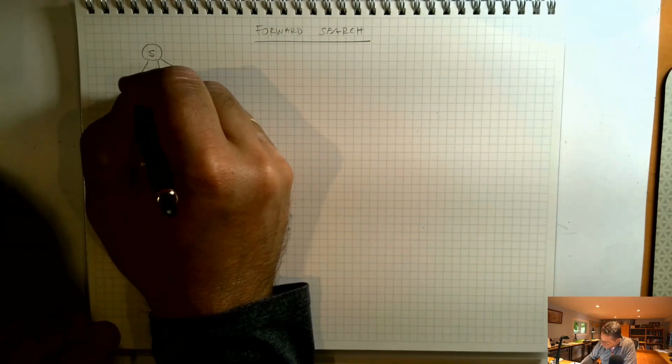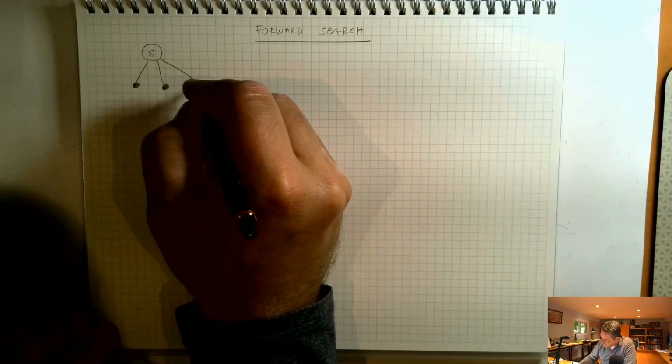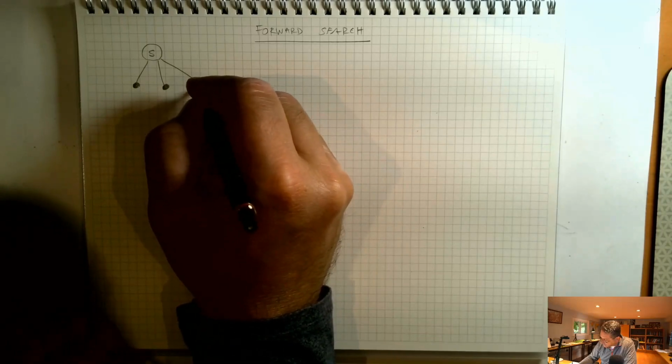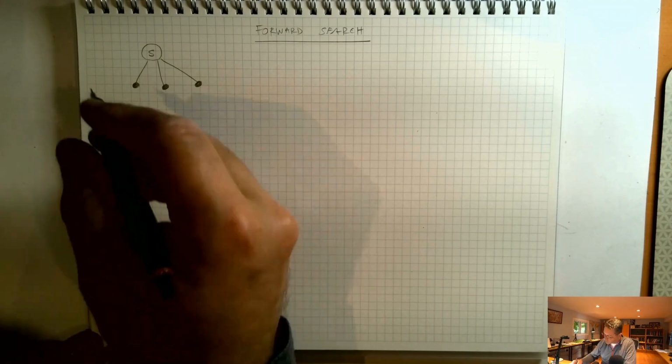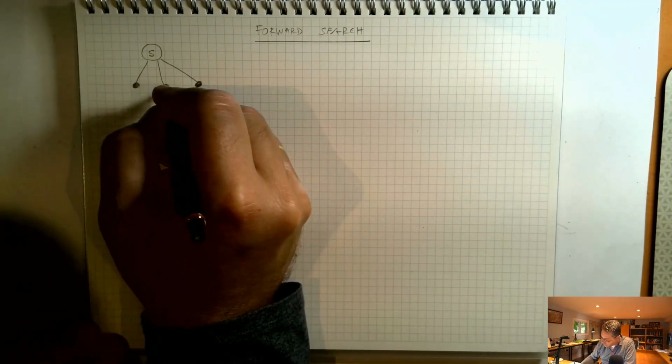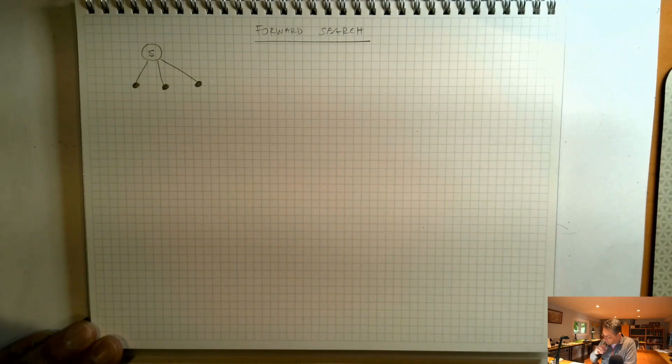That's a common thing to do in the MDP and reinforcement learning community, not so in the planning community, but we'll adopt this notation. So these are all the possible actions we can take from the state S.